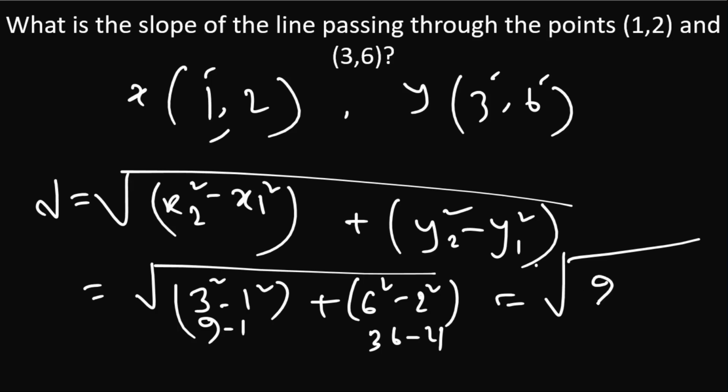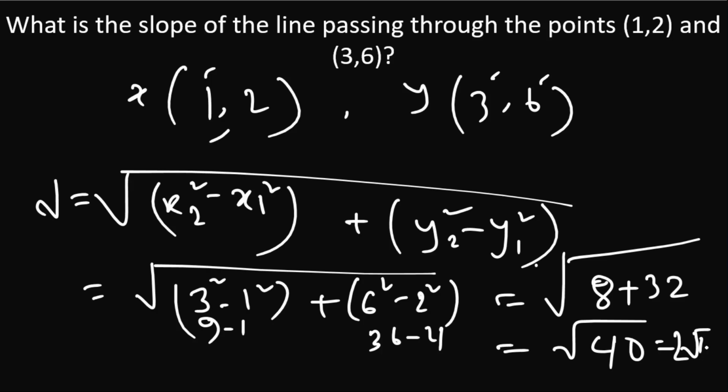So 9 minus 1 equals 8, plus 32, so it's 40, the square root of 40. So we'll get 2 square root of 10. So the slope of the line passing through is 2 square root of 10 units.